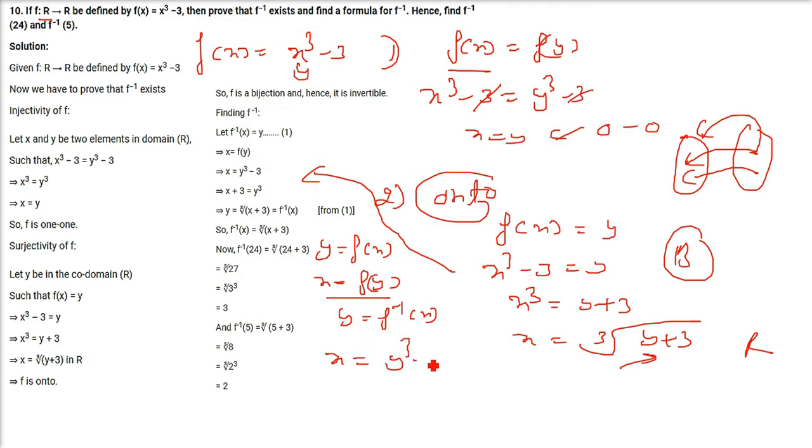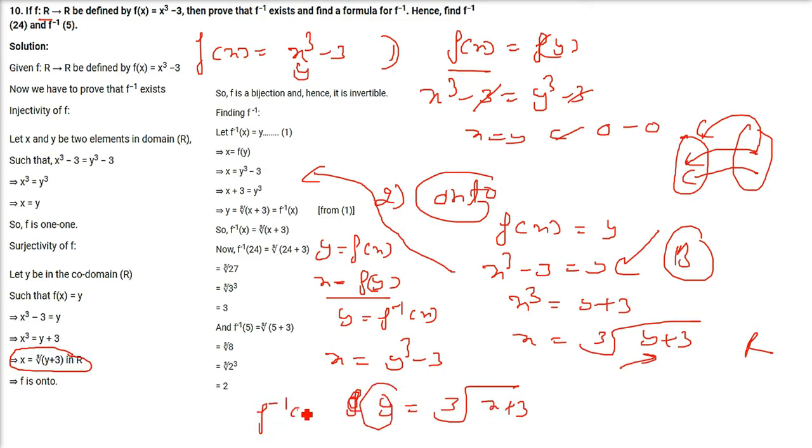Same thing we are going to do as we did in onto, so I am just directly writing it. So this will be y equals the cube root of x + 3, just changing x and y places. And now y is what? y is f inverse x. So f inverse x is the cube root of x + 3.